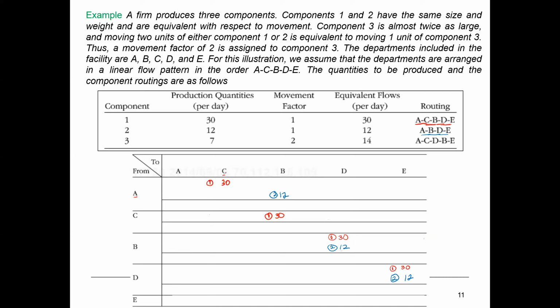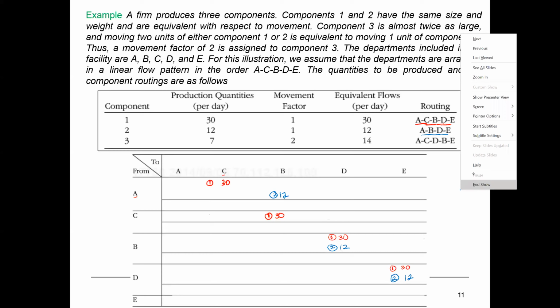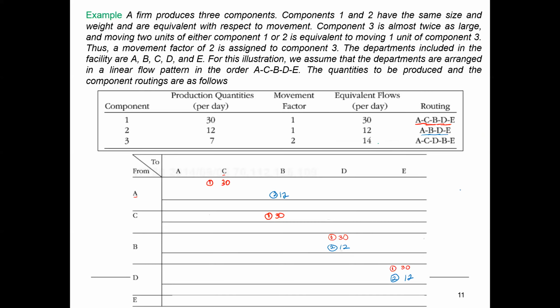So now we are going to consider component number 3, another color, green. So we go from A to C. This is component number 3. For component number 3, we have 7 units.